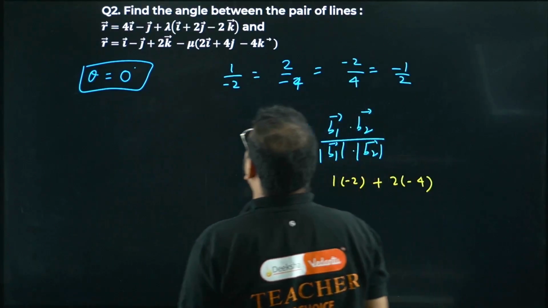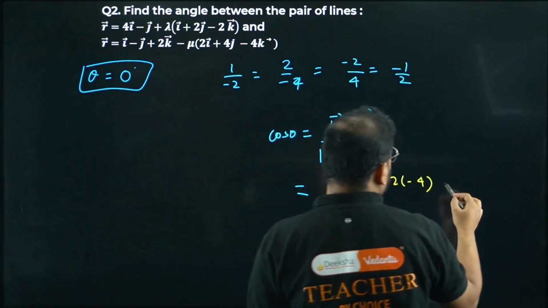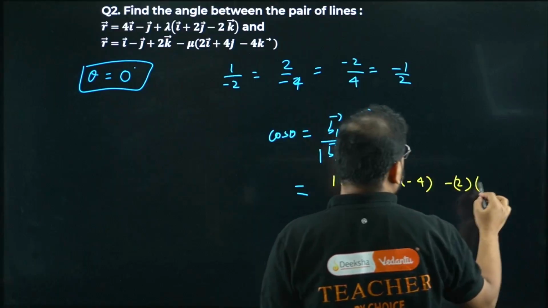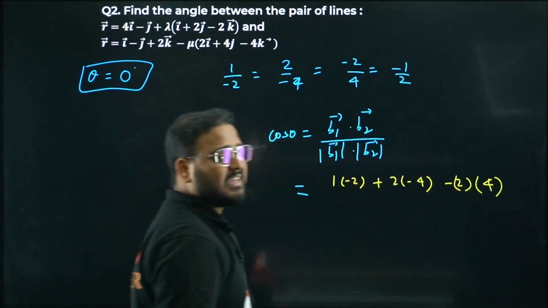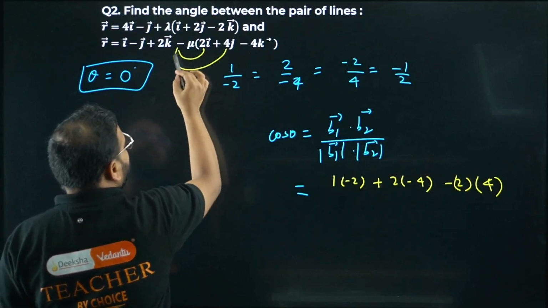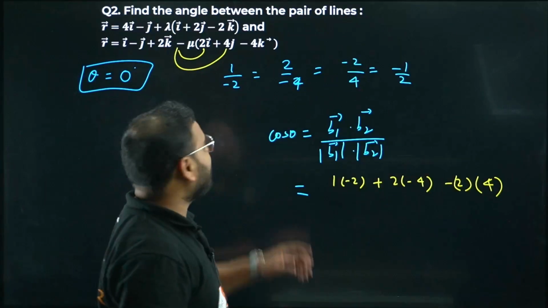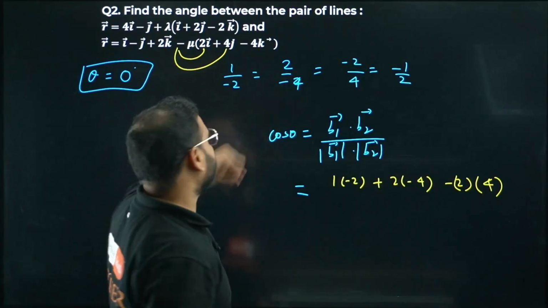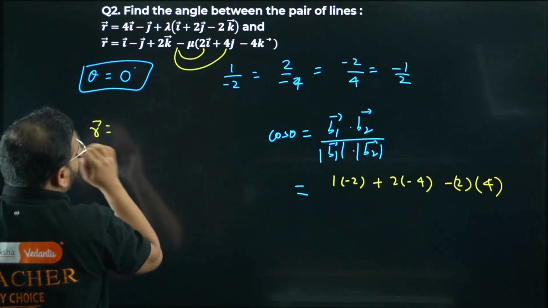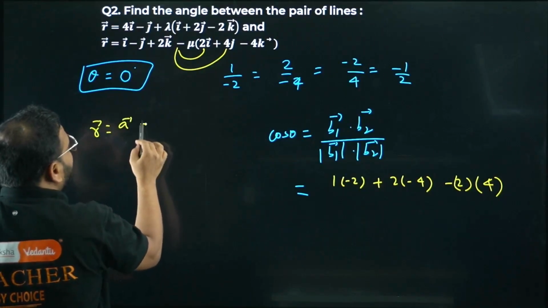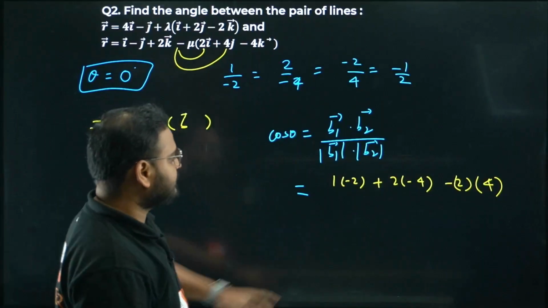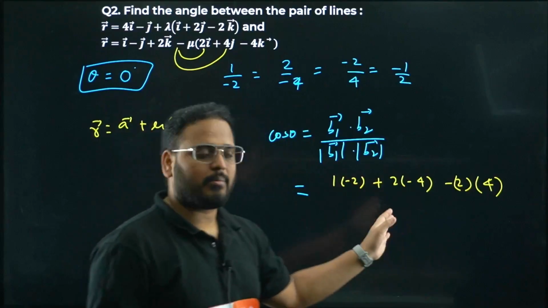And I get minus 2 into plus 4. Why the sign? Please check here. I have minus 2 over here, minus 4 over here, and plus 4 over here, because the result has plus mu into it. You remember the formula? Vector form is a plus mu times vector b. That's why I'm writing this negative sign inside, not a problem.